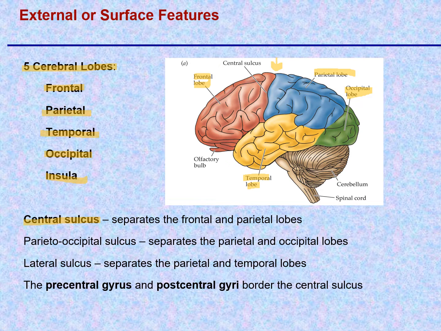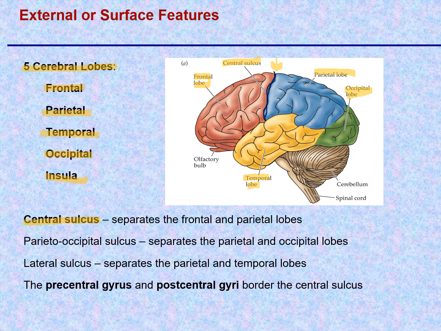You have some other major landmarks that are dividing the different lobes, but I'm not going to get into their names. One thing I do want to emphasize, however, is the ridge in front of the central sulcus. Remember, this is the central sulcus, I'm just going to draw it in a darker color here. This here is the central sulcus, right there.